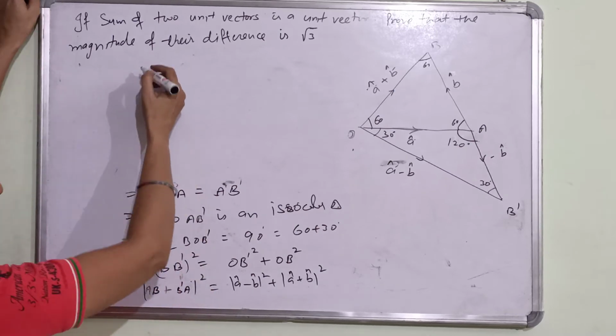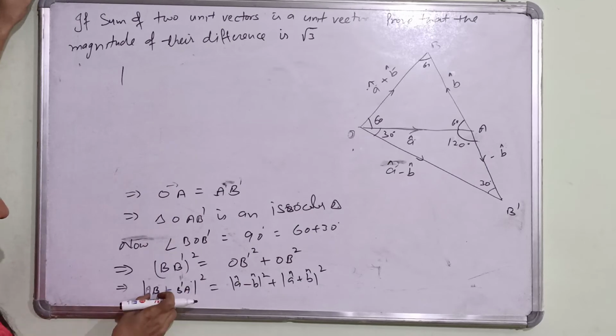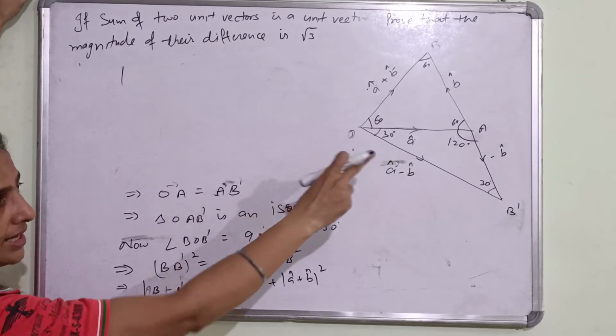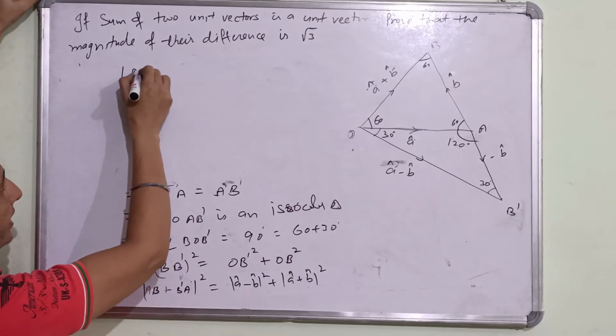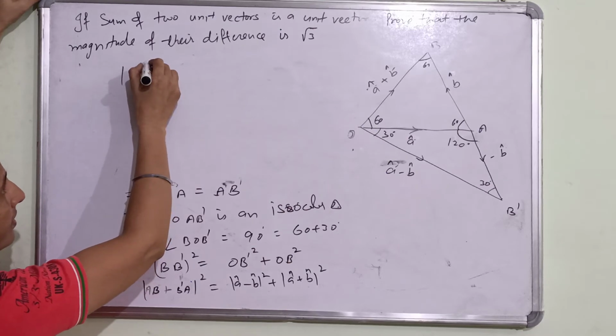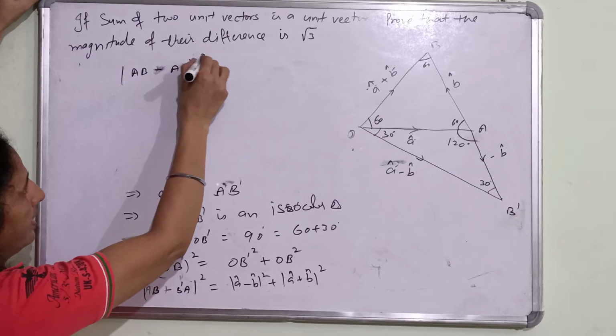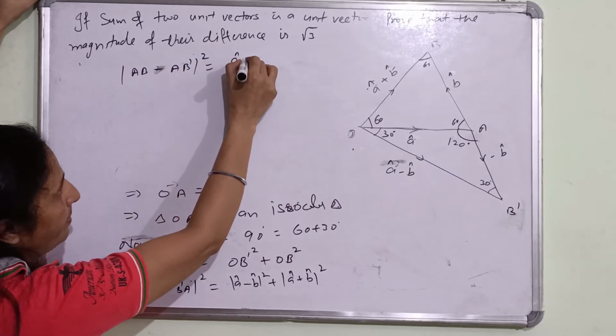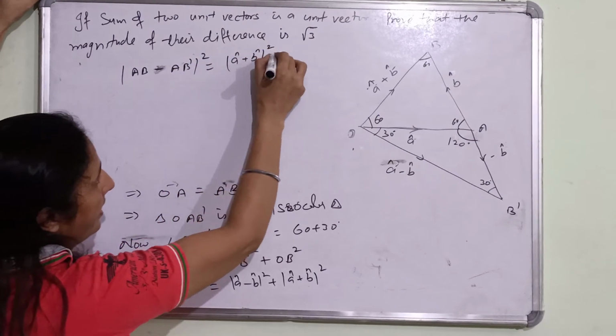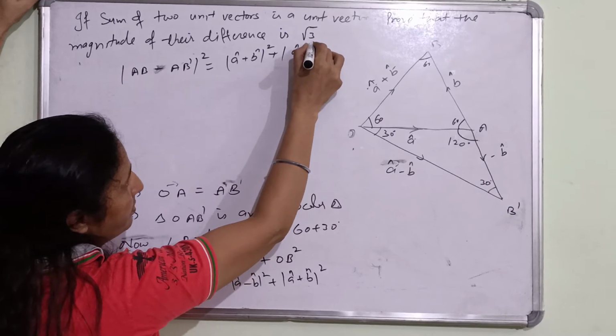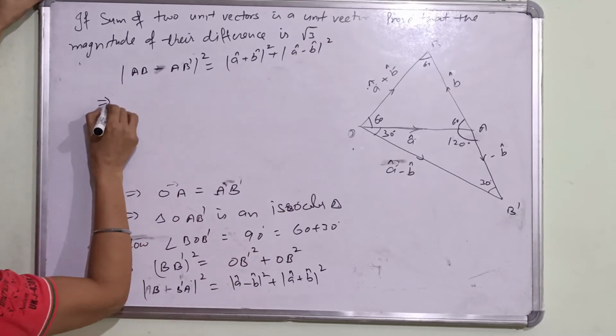So what is there? We can say easily, AB is B and that is minus. So we can write AB plus minus AB dash: A unit vector plus B unit vector square, A unit vector minus B unit vector square. So it is 2.